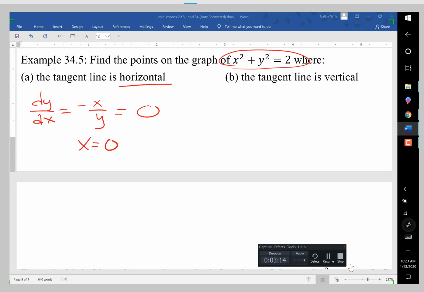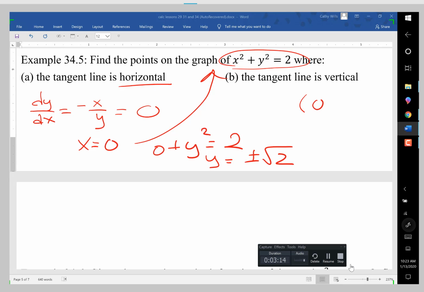All right, so if x is 0, if we put 0 in for x in this equation right here, we're going to get 0 plus y squared equals 2. So we know that y has to be plus or minus the square root of 2. So the 2 points where the tangent line is horizontal would be (0, square root of 2) and (0, negative square root of 2). All right, so if you look at page 185, they show you a picture of those two tangent lines to the circle.